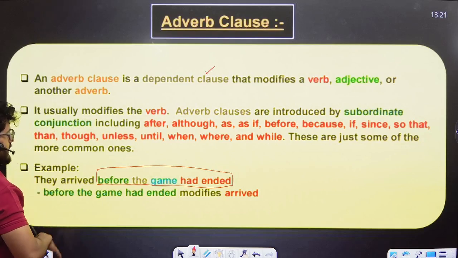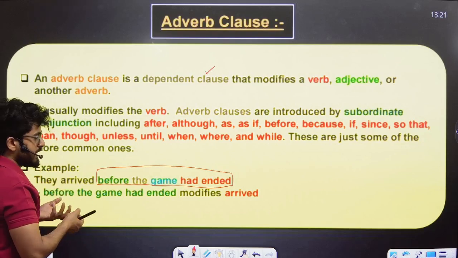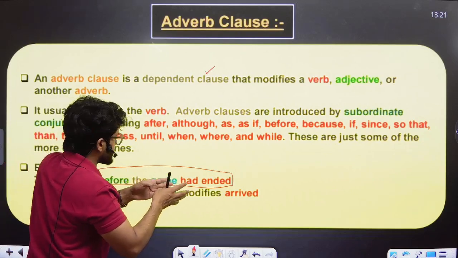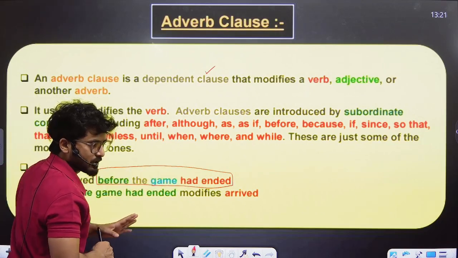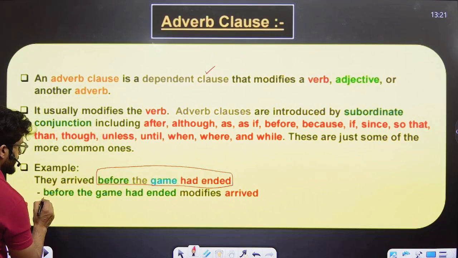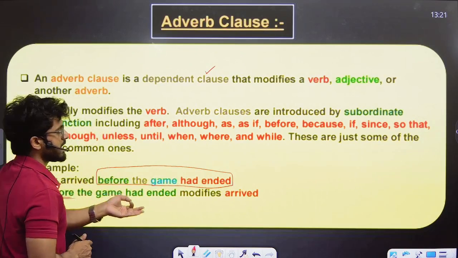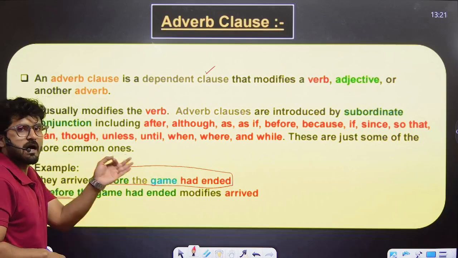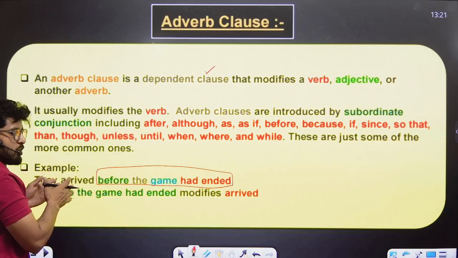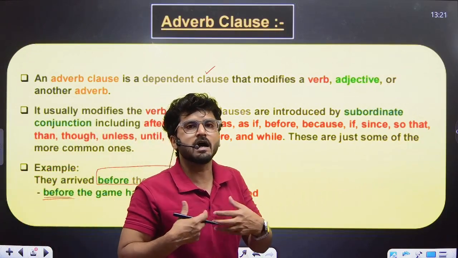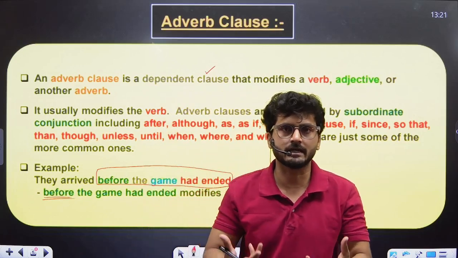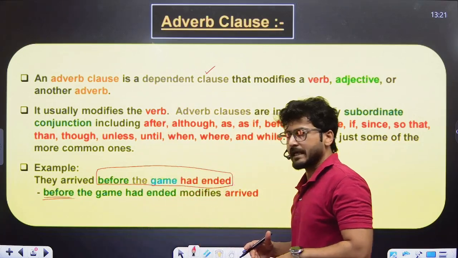They arrived before the game had ended. Okay, so what you are observing is that before the game had ended is modifying their arrival, the verb. It tells us when their arrival happened. When they arrived: before the game had ended.